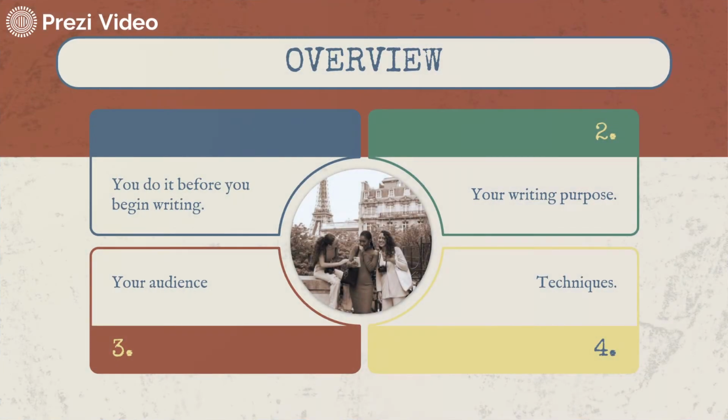Like I mentioned just now, the reason why we call this step pre-write is because you do it before you begin writing. However, darlings, you need to also consider the purpose and the audience of your paper.